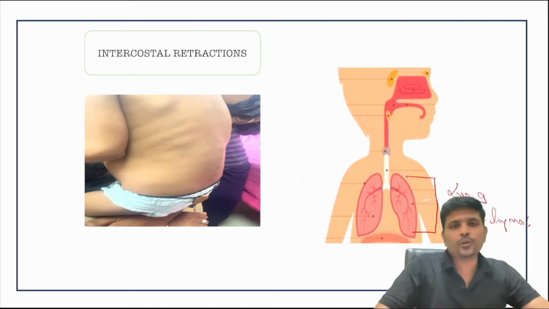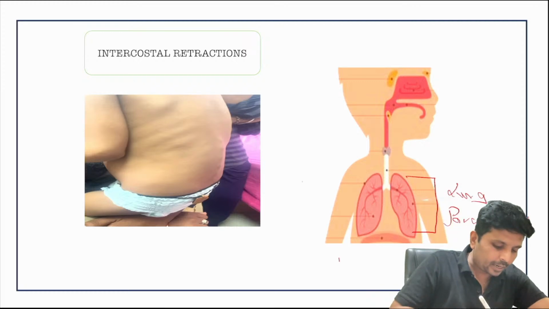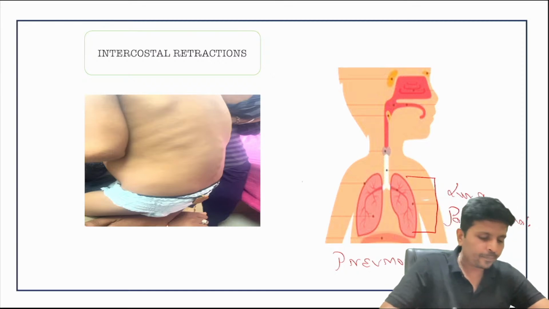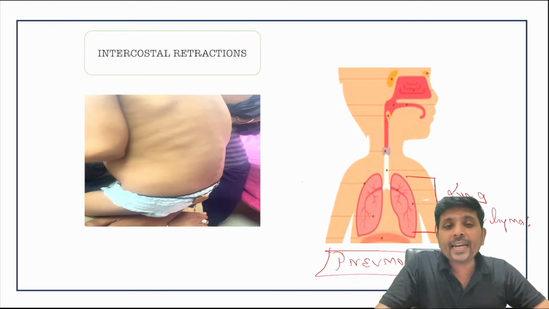So what is the most common cause? The most common cause that affects your lung parenchyma is pneumonia or consolidation. For a third year or final year, this is more than enough. Any child with high grade fever who comes to you with intercostal retraction means the underlying pathology is in the lung parenchyma.